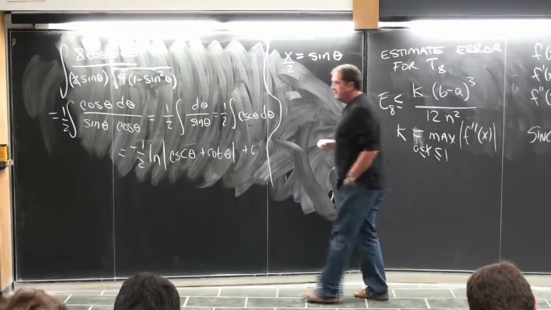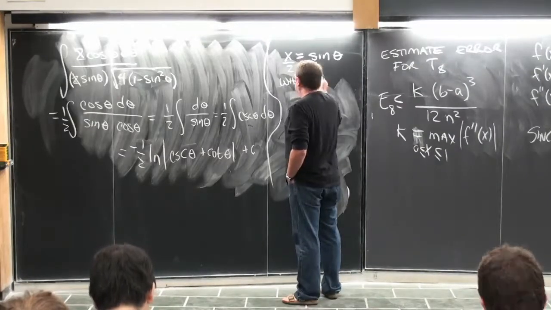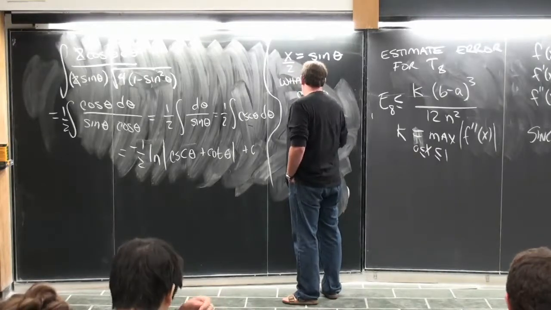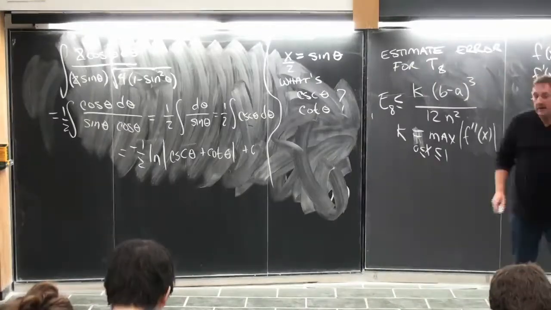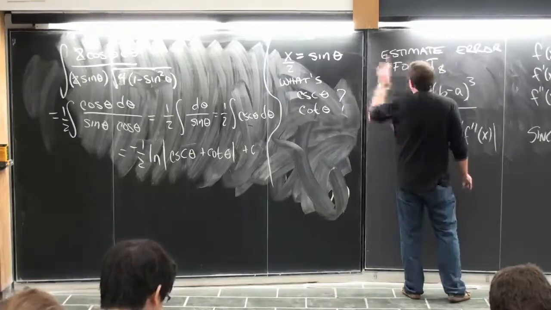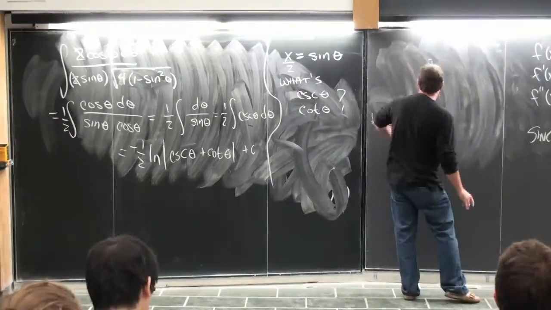So if x over 2 is sine theta, then what's cosecant theta and cotangent theta? So we have to answer that question. To do this, usually I draw a triangle, because both of these things are really just ways of writing the Pythagorean theorem.